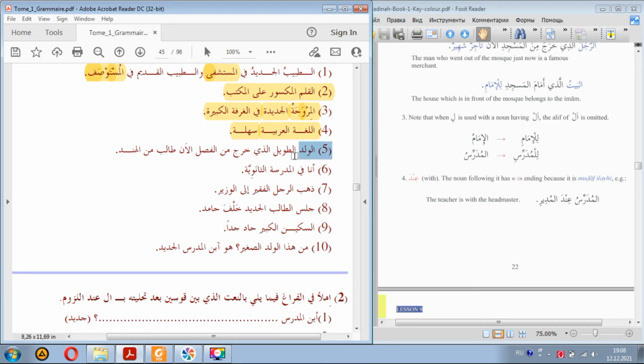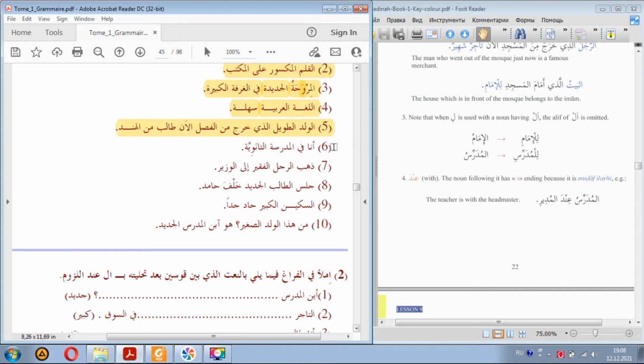الولد الطويل الذي خرج من الفصل الآن طالب من الهند. The tall boy who went out from the class just now is a student from India. أنا في المدرسة الثانوية.